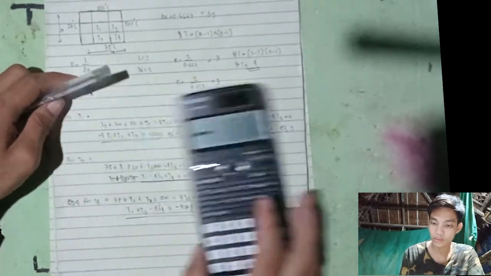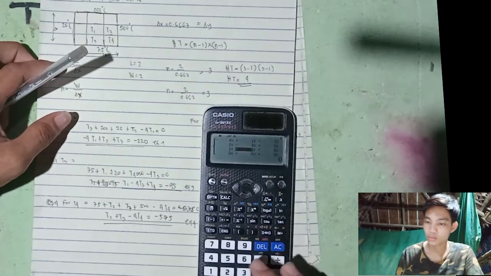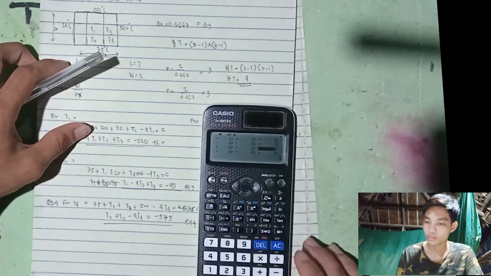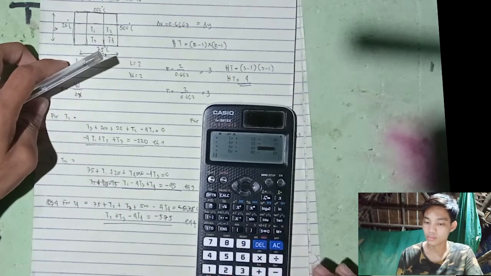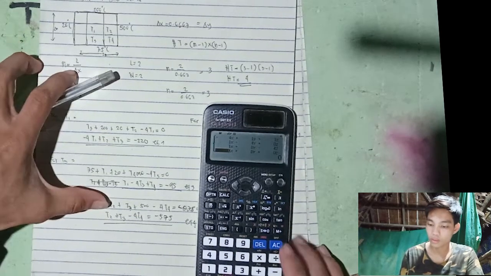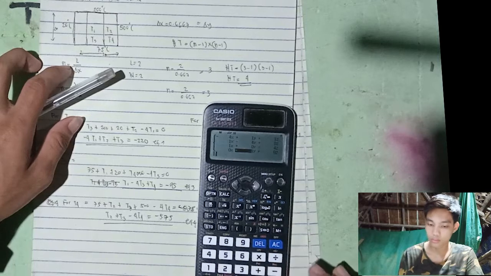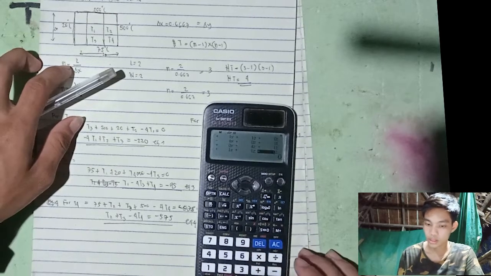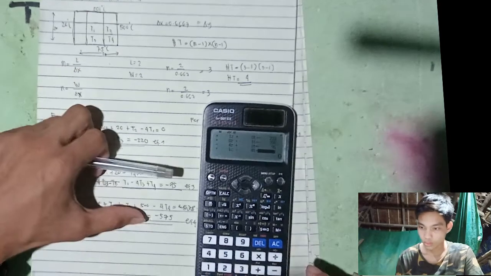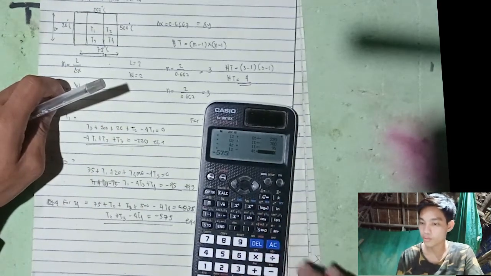So, for pangatlo, we have 1, T2 is 0, T3 is negative 4, T4 is 1, negative 95. So, pang-apat, we have T1, 0, we have T2 is 1, we have T3 is 1, we have T4 is negative 4. So, we have negative 575.